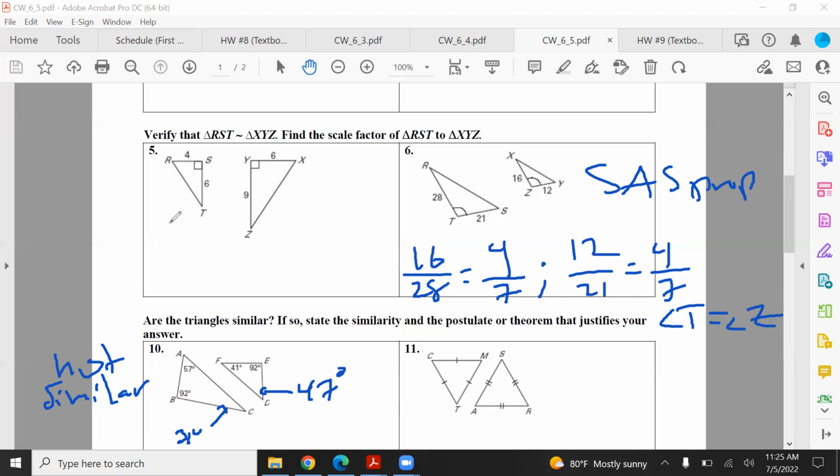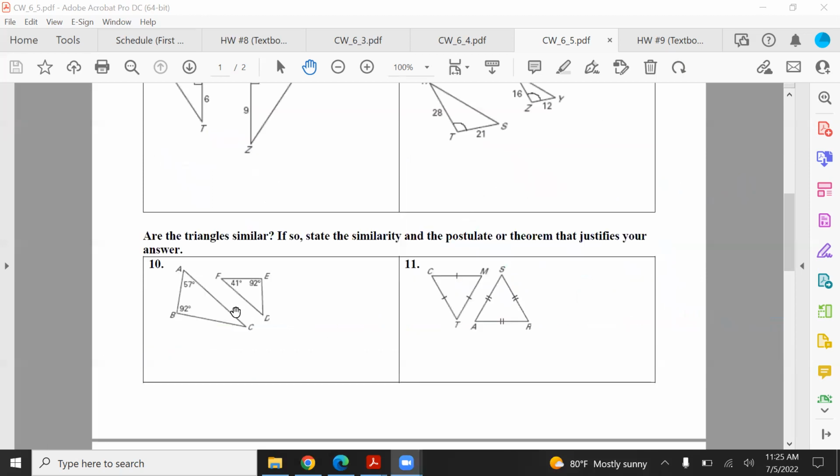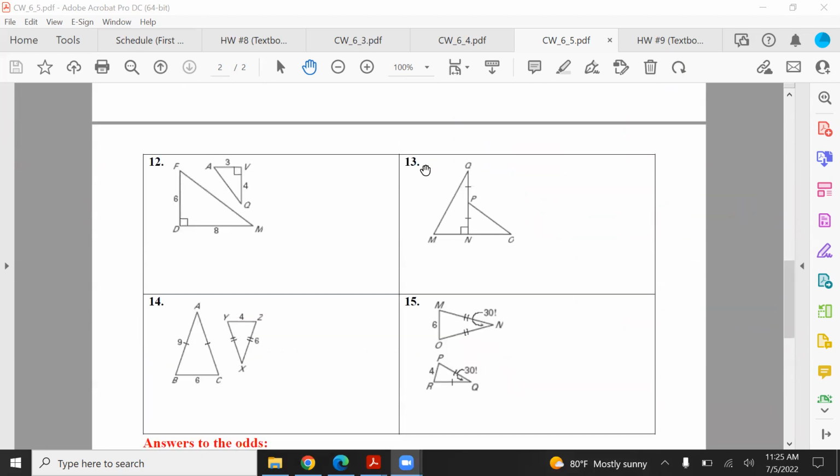Hopefully you guys can see. Hopefully that makes sense. Do you need me to rewrite that? No? Okay. And then what do we got? We got 2 more here. Side angle side proportionality.